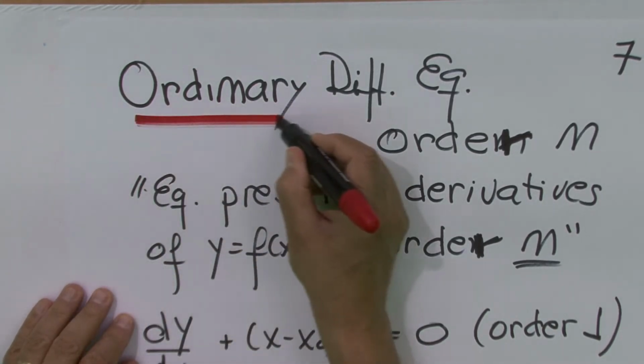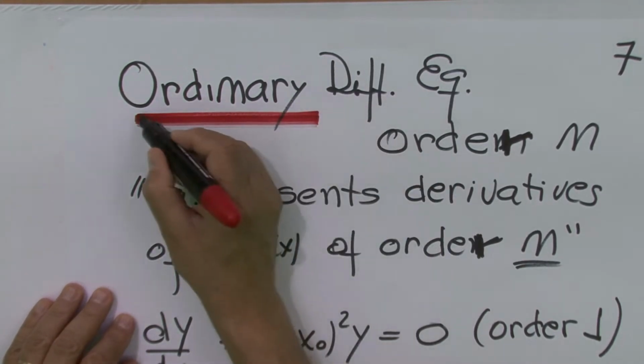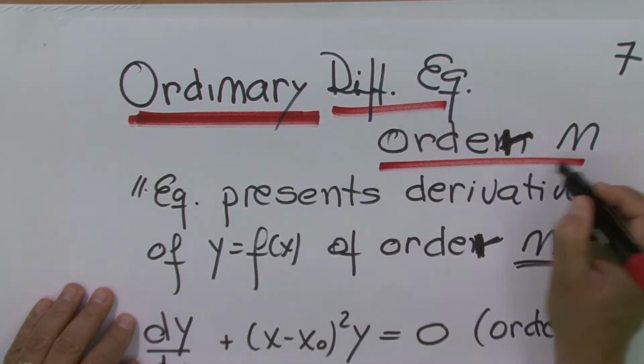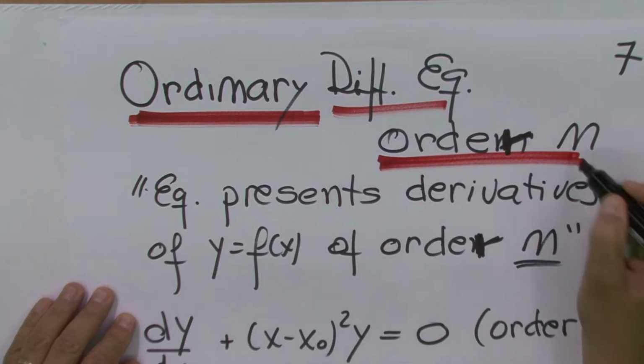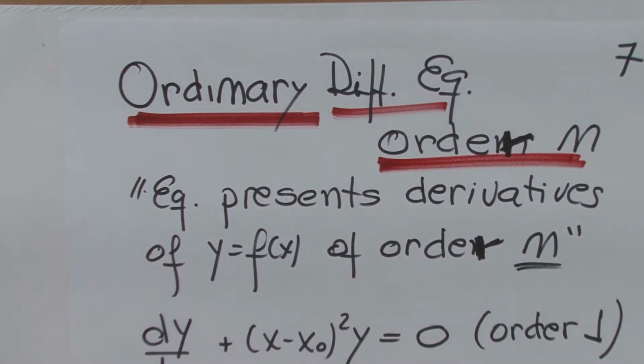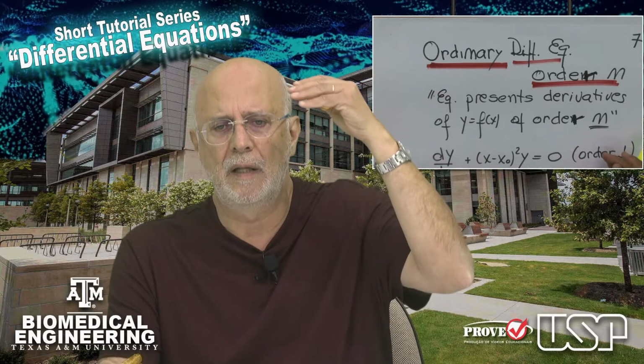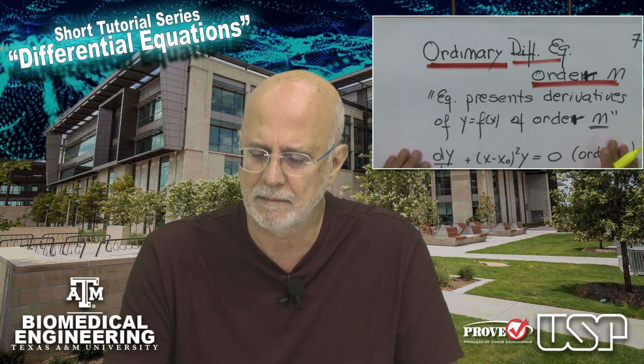Now, just before we start the solution of those differential equations, it's nice to tell you that the ordinary differential equations that will now basically be our topic have an order. We normally define an order for the differential equation. What is this order? The order of the differential equation is the highest derivative you have in your equation.